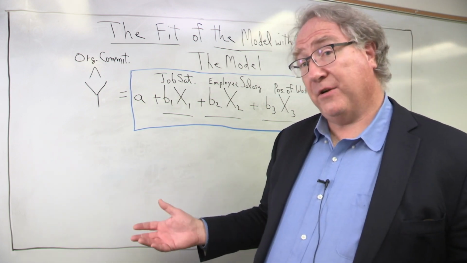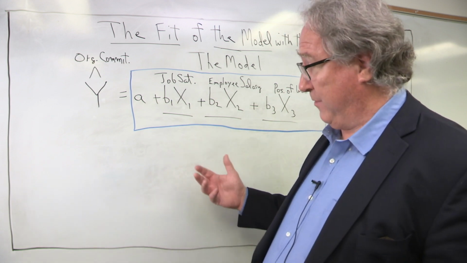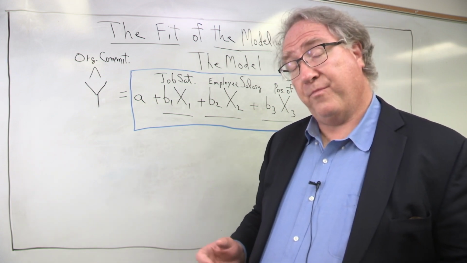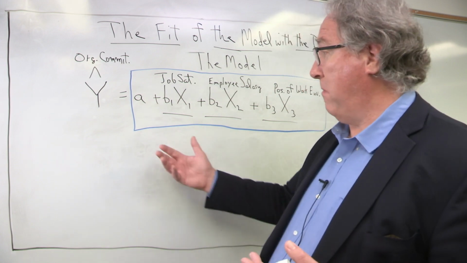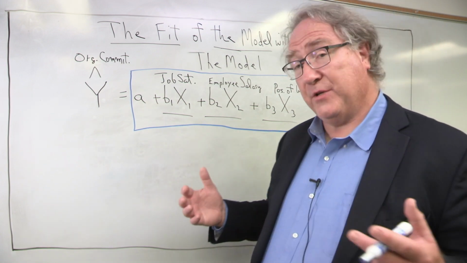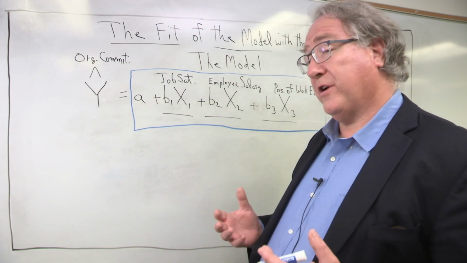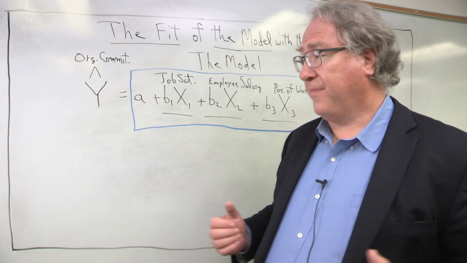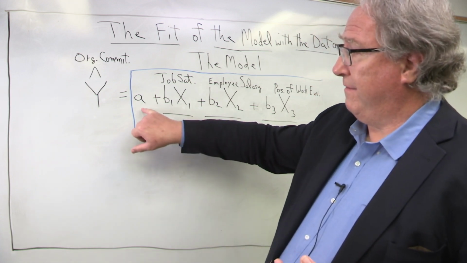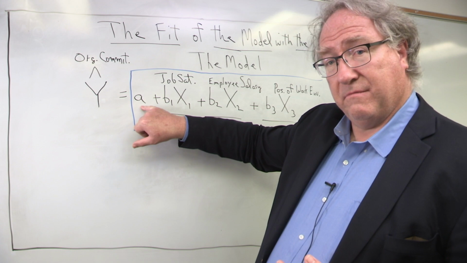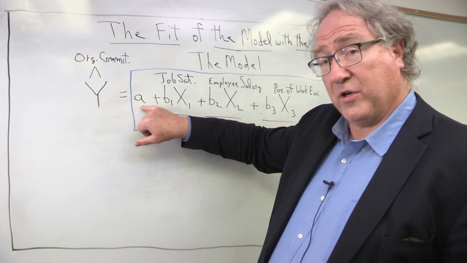Now, what we'll see later, I'll put up a table here for you showing you the regression model being applied to each participant in your sample. What you're going to see when I show you that is that for each participant, A is the constant. It's the same value across your participants.